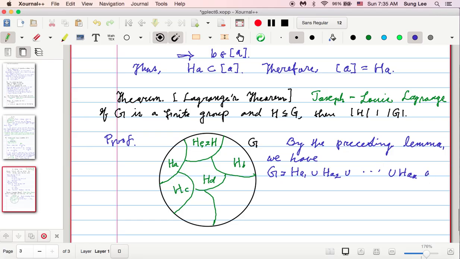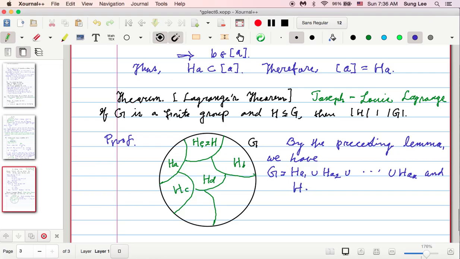We have only finitely many right cosets because obviously G is a finite group, so there are only finitely many elements. And the right cosets, since these are equivalence classes, are pairwise disjoint, or mutually disjoint.